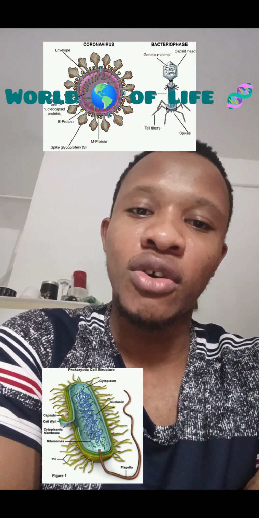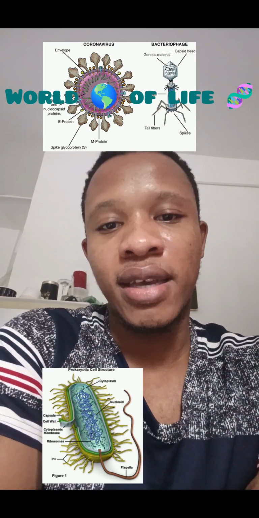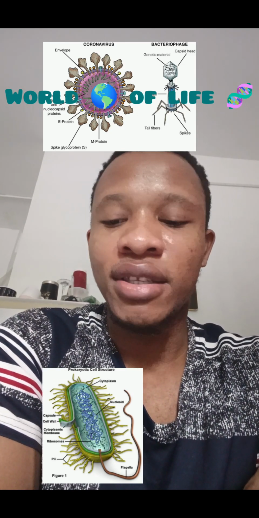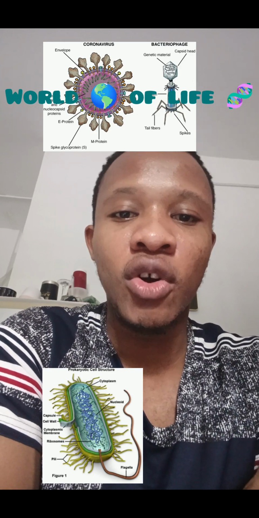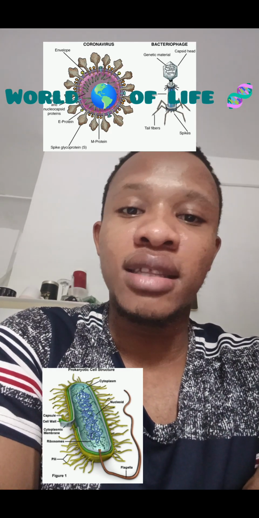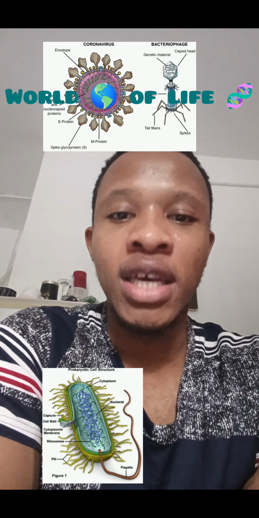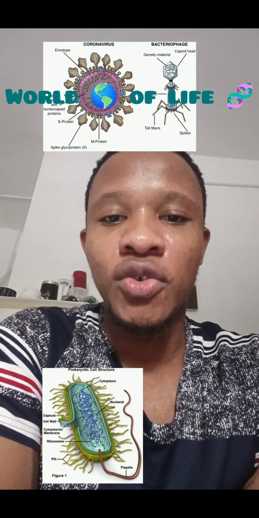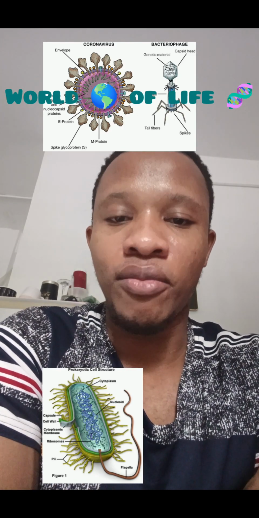So the mode of transmission is so complicated. First, the bacteriophage will have to land on the host, which is the bacteria, and use its tail cord to break into the bacterium cellular membrane.